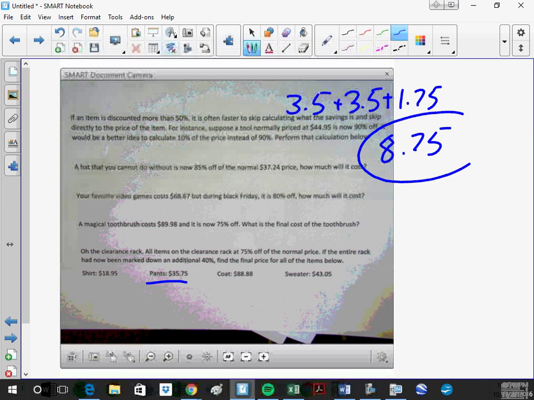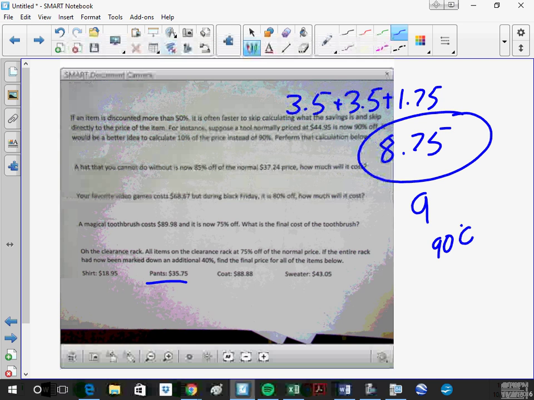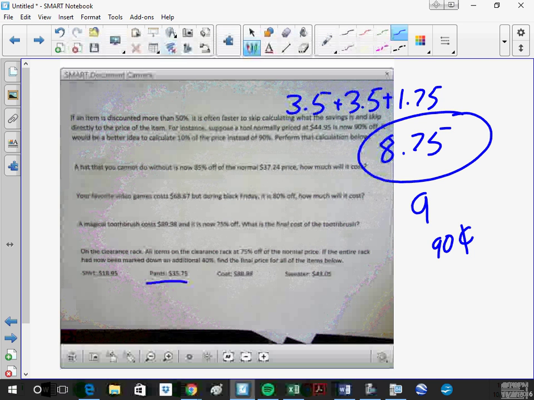Now I need to take 40% off of this. So I'm going to change it to 9. $9. That turns into about 90 cents. And I need 4 90 cents, which is about $3.60. That's 90 cents times 4.